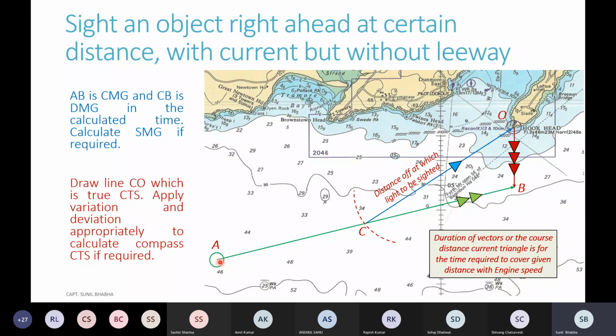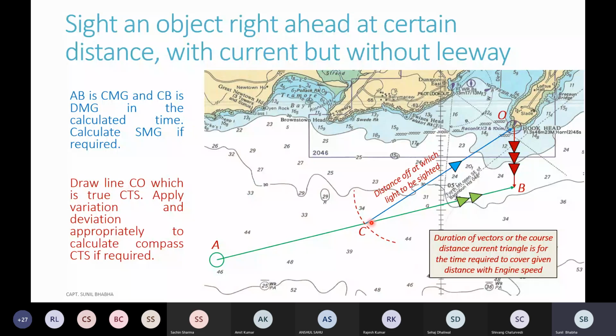However, the track on which the ship is actually moving is the green color track, the course made good track. So the ship will be proceeding from Alpha to Charlie and then Charlie to Bravo over the ground. But at point Charlie, the Hook Head lighthouse will be right ahead.